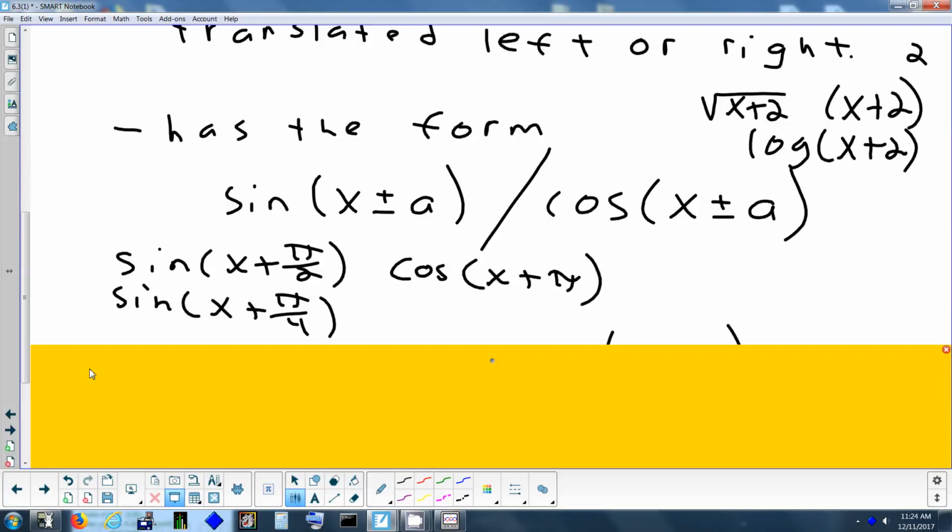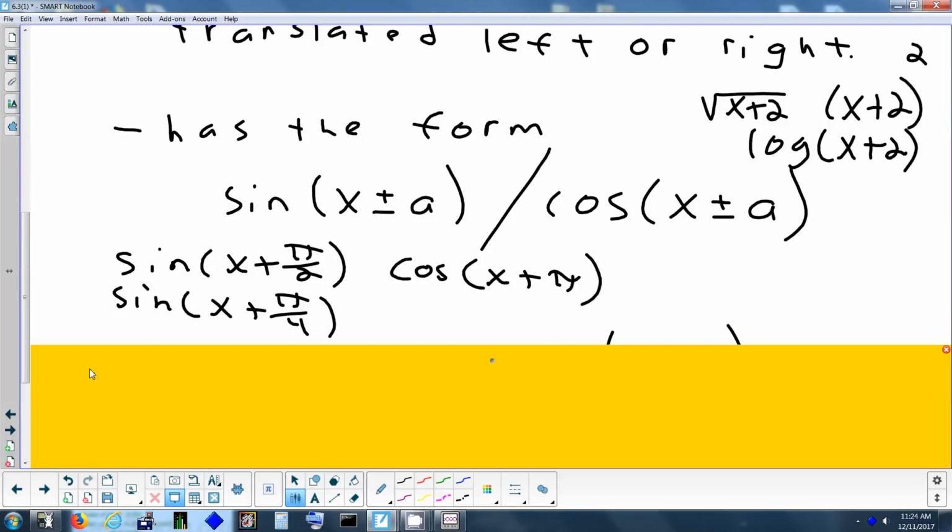Anybody remember what those are? What's pi in degrees? 180. And then pi over 2, half of pi, 90. And pi over 4 is half of pi over 2, 45. So the common shift amounts are 90, 45, and 180. I say common because you can do anything you want, but that's what we'll mostly focus on.